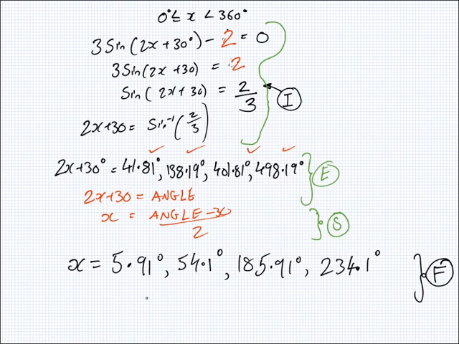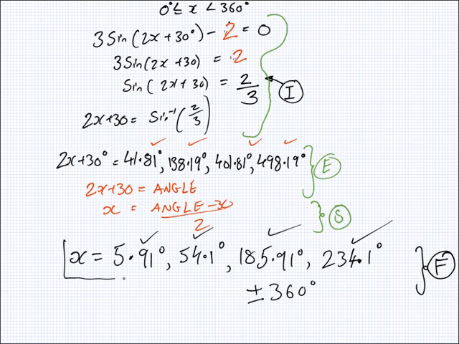At the final step, you're allowed to add or subtract 360 to any angles to try to bring them back inside the range. Now, is that necessary here? No, because each angle falls inside the range. So I have my 4 answers.